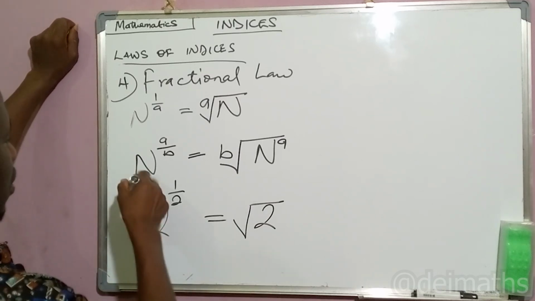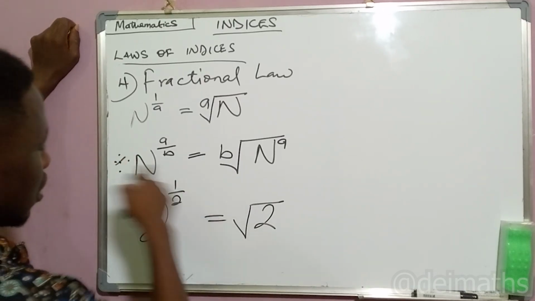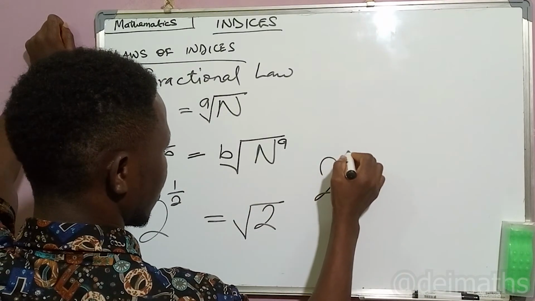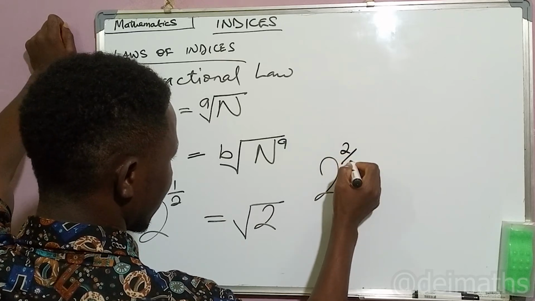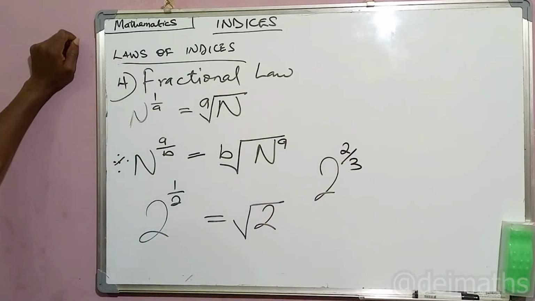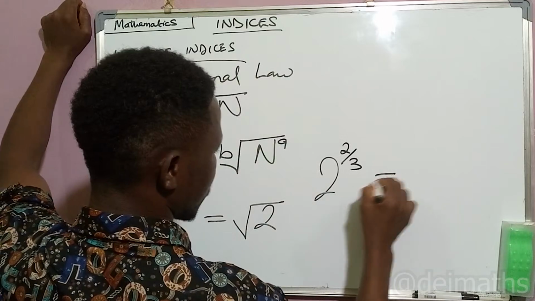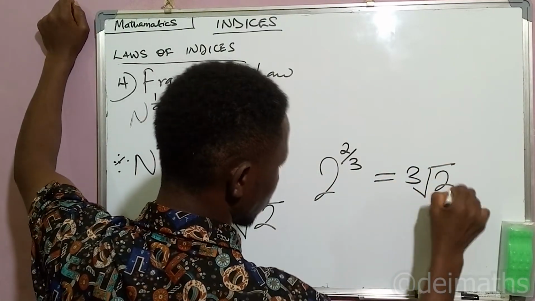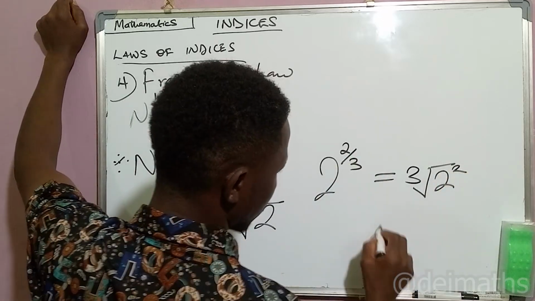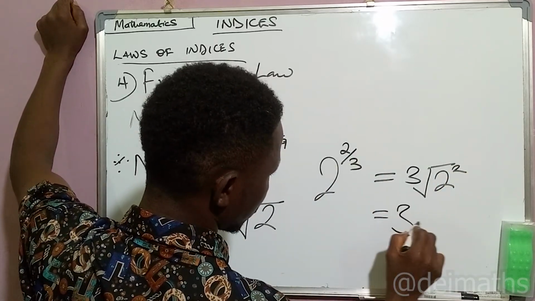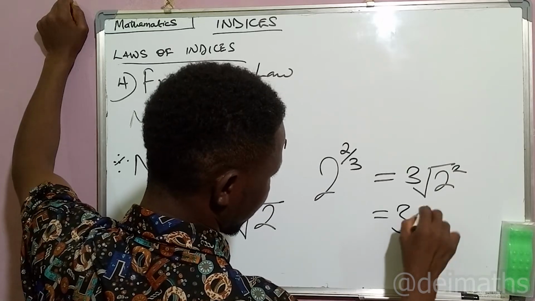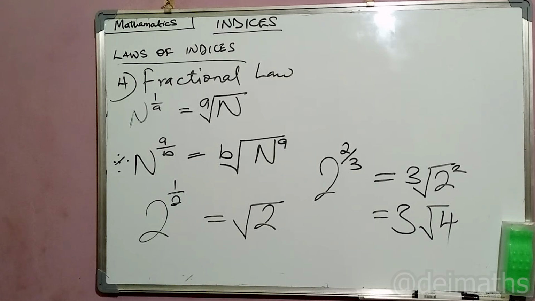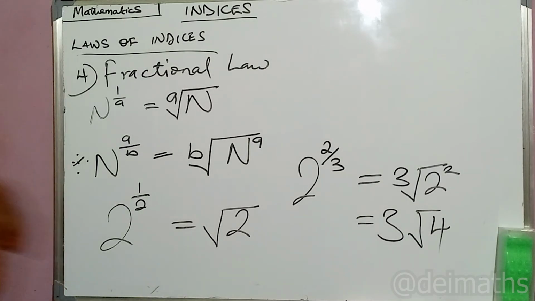Then considering this, if we have 2 raised to power 2 over 3, the answer would be the cube root of 2 raised to power 2, which is the cube root of 2 times 2, which is 4. This is the fourth law of indices.